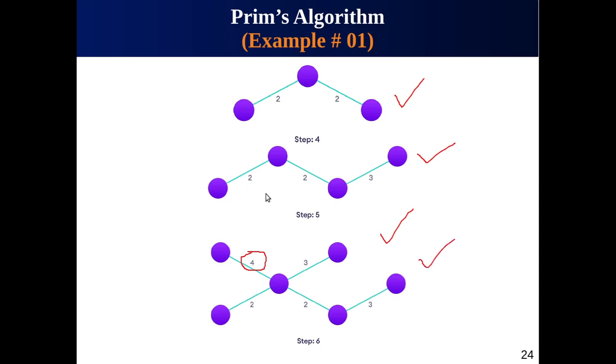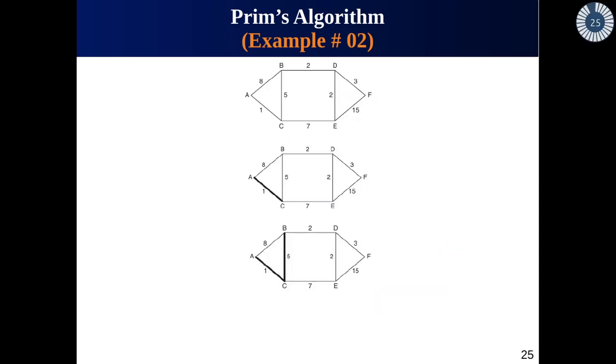Let us see the second example. The second example is almost the same as we saw in the case of the Kruskal algorithm. But here we have to start from any vertex, from any node, not the edge. Suppose we start from A. This is our starting point. We have selected A to be the starting vertex.